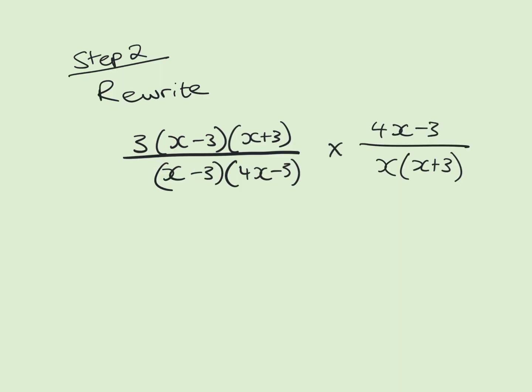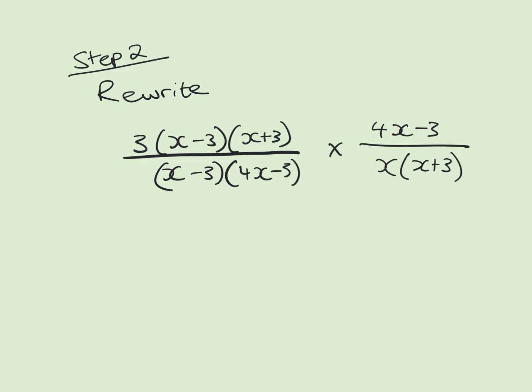Okay, so all I've done here is I've just rewritten out using my two fractions and just the factors that I found for each expression. So using my method in the first slide, which was that when I multiply these, I'm just simply going to multiply my numerator by numerator, denominator by denominator.